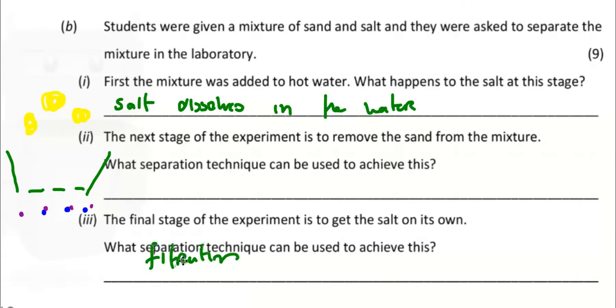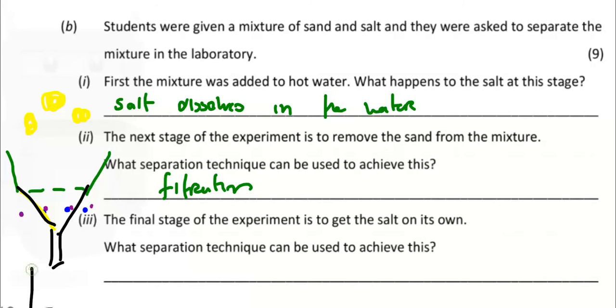The final stage of the experiment is to get the salt on its own. What separation technique? After you filter it, you have salt water in a container. What you can do is evaporate off the water.